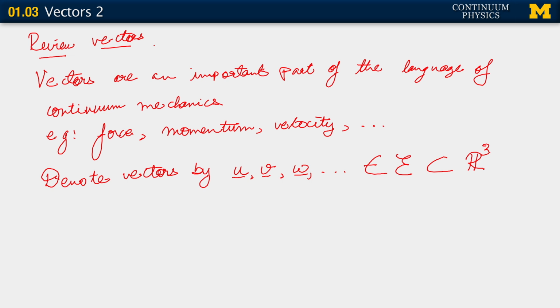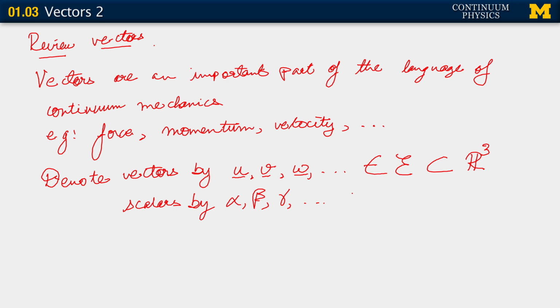In addition, we will also need some notation for scalars. So we denote vectors by u, v, w, and for scalars, for now, we will use the Greek letters alpha, beta, gamma, and so on.